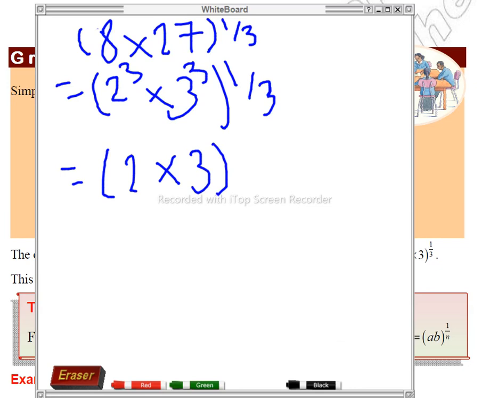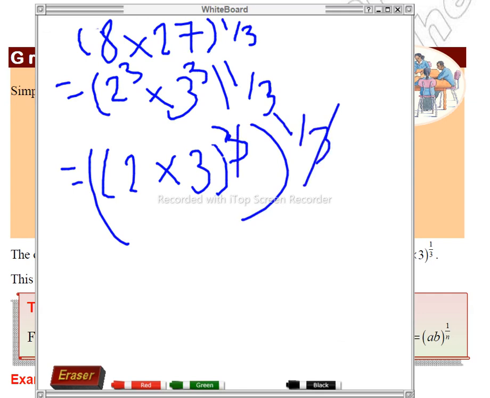Here we can take the power of 3 for both, because both have the same power, and again in the bracket we have 1 over 3 here. So 3 is cancelled by 3, we only have the power of 1. So 2 times 3 is equal to 6. This is our answer, 6.